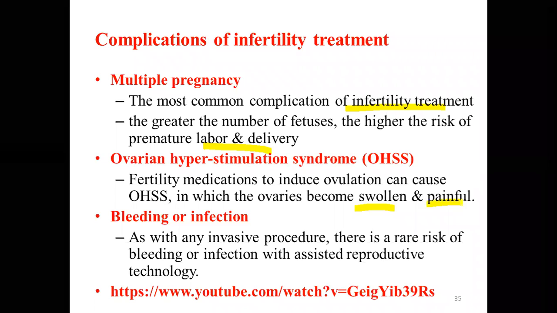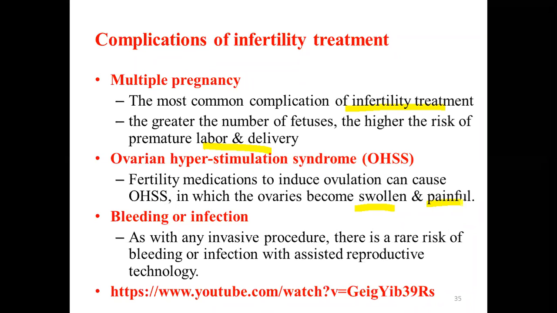The infection is most likely a result of the invasiveness of the procedure, doing a minor incision to assist the reproductive tract to conceive. So that is why there is a possibility of infection. So this is all I have about infertility in short.